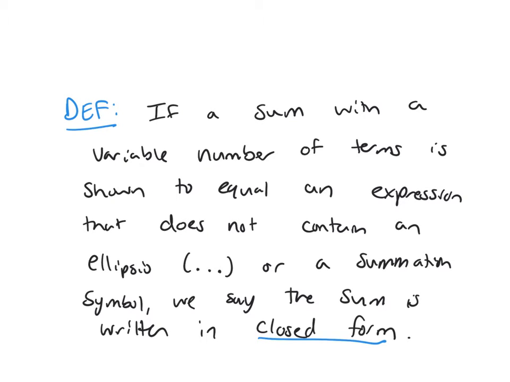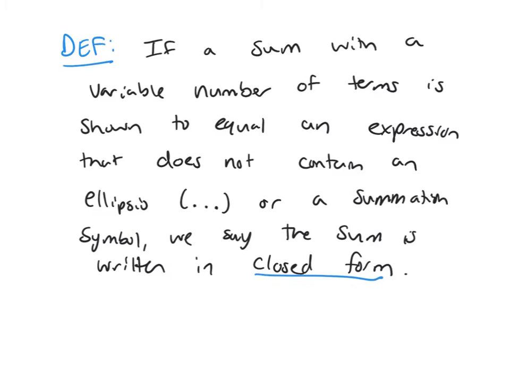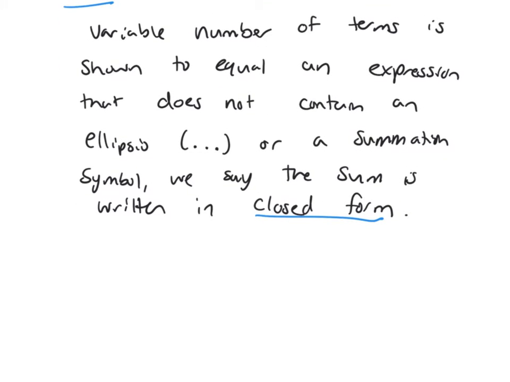So you have to be able to write your summation, where you have a variable number of terms, without an ellipsis or without a summation symbol. We've actually already seen an example of this. In our last video, we proved this formula by induction.